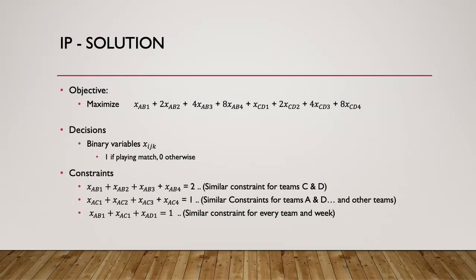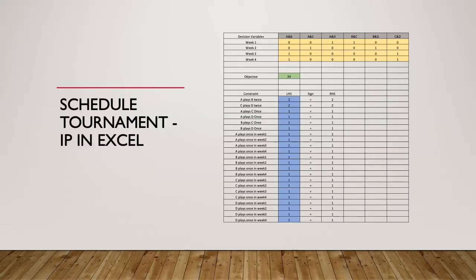So that way it is going to be exponential. And finally, applying all these rules to the formula, we get the solution in Excel. So I tried to solve that formula in Excel, and here is the solution. I set all the variables, like the constraint that team A is playing with team B twice, so it is set to 2, and C is playing D twice, and all other variables are set here.